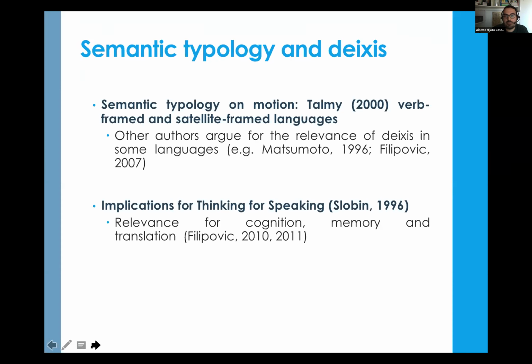For example, Matsumoto, working on Japanese, claims that in several languages there is a specific slot for deixis, or Filipović, working on Serbo-Croatian, where there are specific prefixes that are very frequent. So the motion towards the speaker or the addressee is quite frequently encoded. And that, of course, has implications for thinking for speaking in terms of memory, translation, and cognition, because they are more salient.